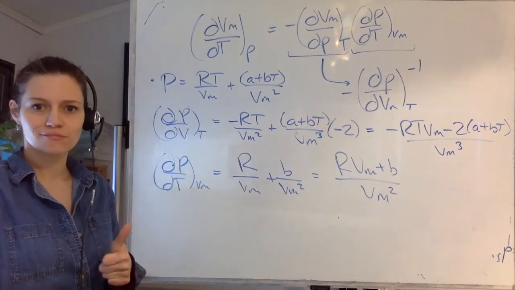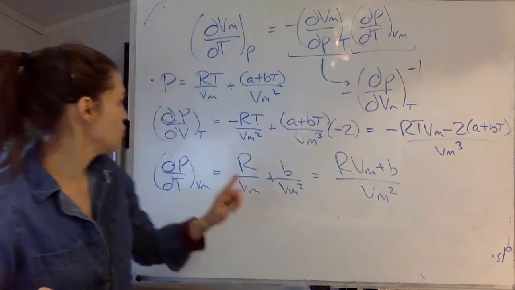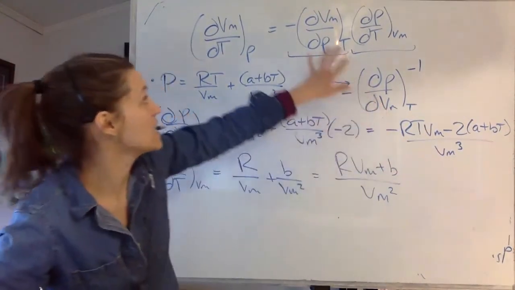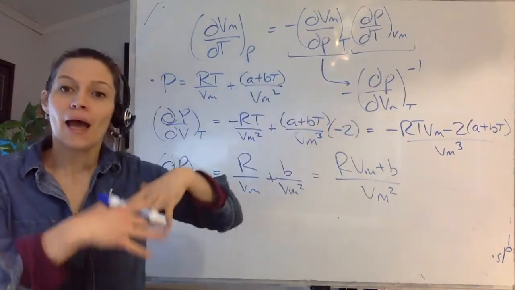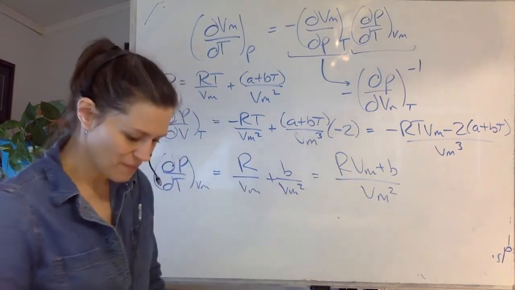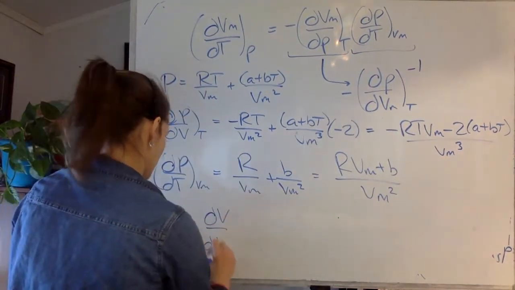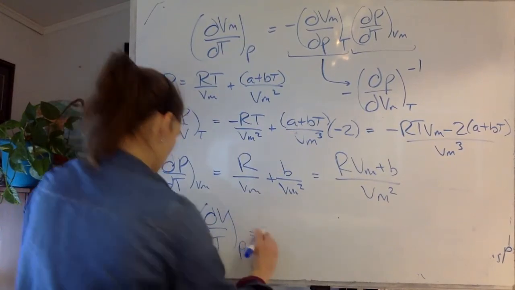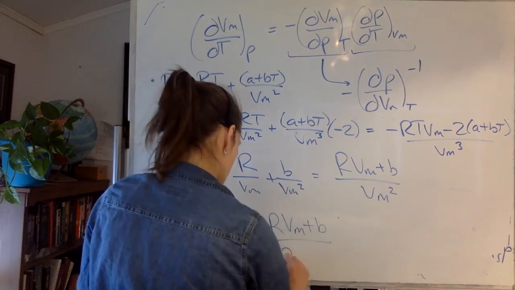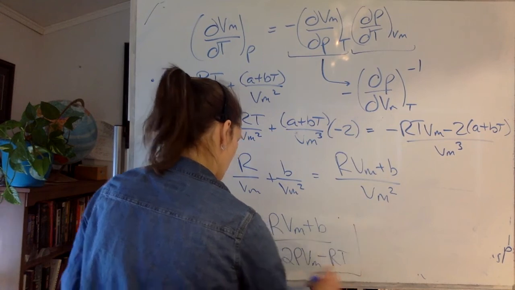Cool? Okay, so you would plug this into here. You would plug the inverse of this with a negative sign into here, algebraically manipulate, and then you should get, after doing that, dV dT at constant P equals R VM plus B divided by 2 PVM minus RT.